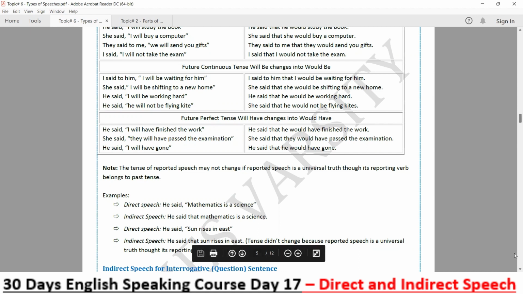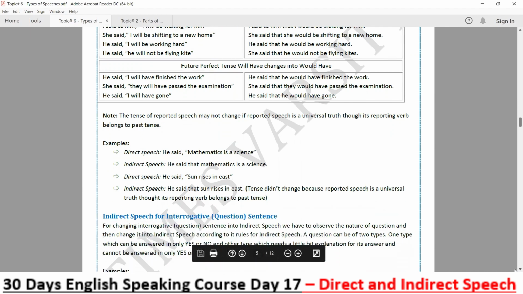It is a universal truth, so we don't change the tense. Indirect speech: he said that the sun rises in the east. The tense didn't change because the reported speech is a universal truth, though the reporting verb, said, belongs to the simple past.